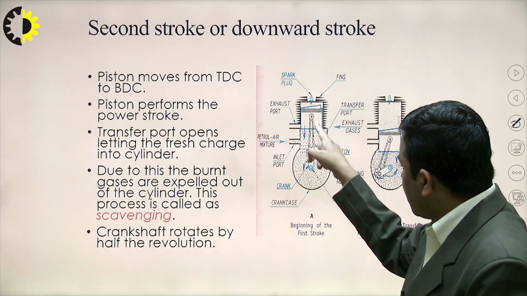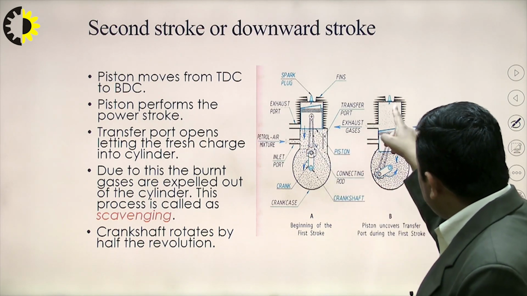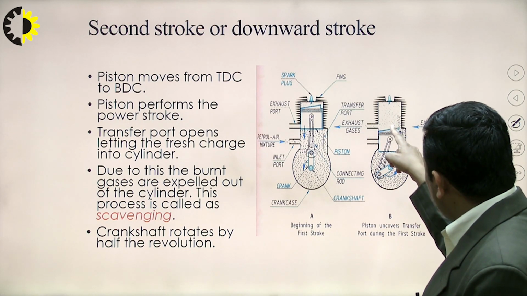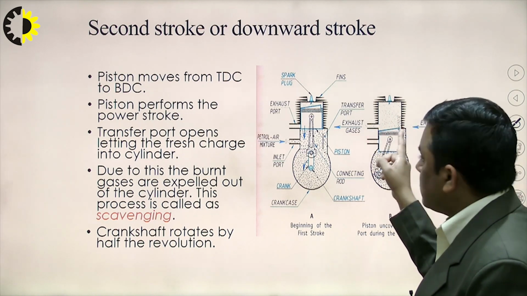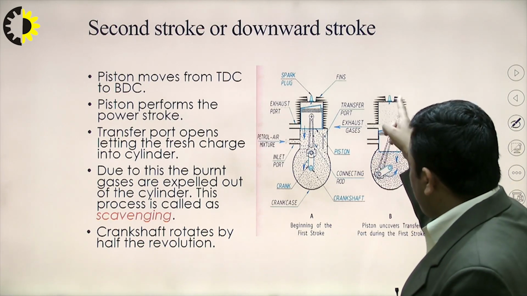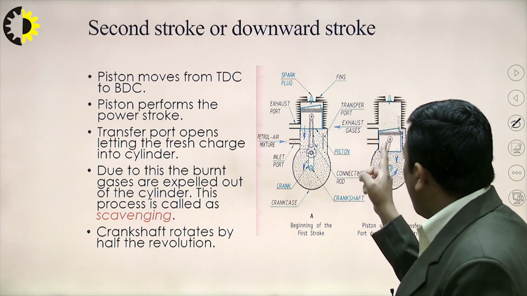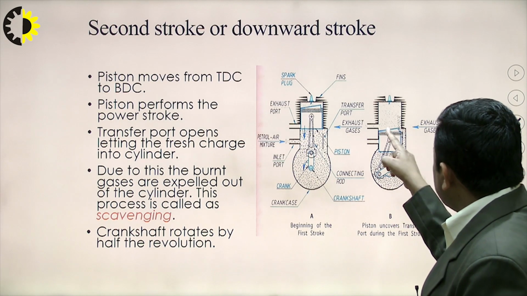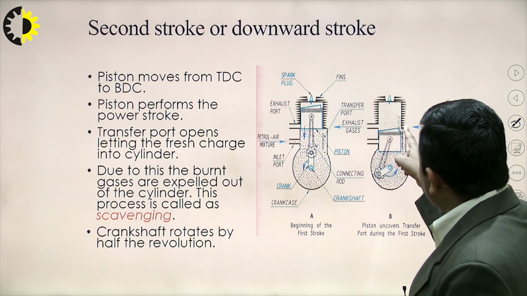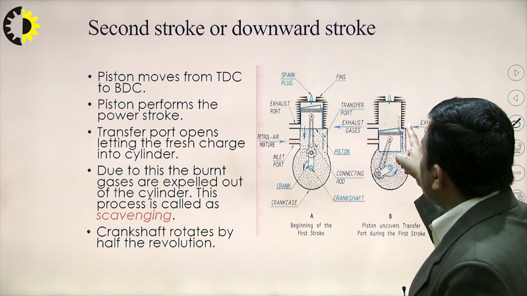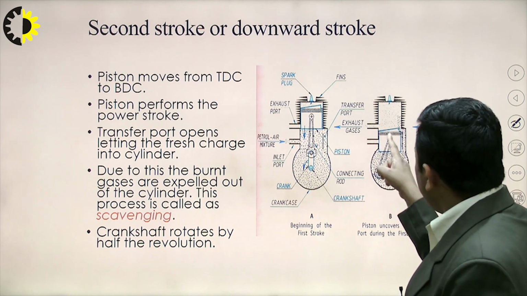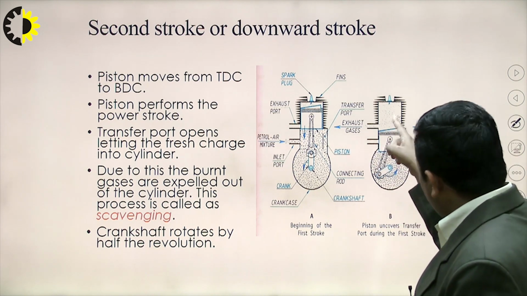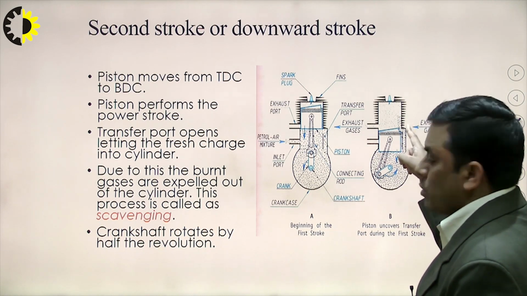The piston will move from TDC to BDC. When it is moving, first the exhaust port will get open, because the byproducts of combustion must go out, and simultaneously, slightly later, the transfer port will get open. So, first the exhaust port will be opened, secondly the transfer port will get open.